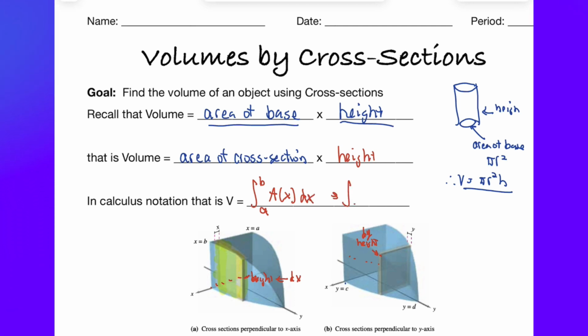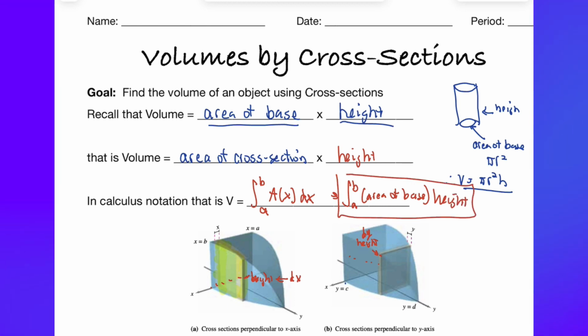So our formula for finding volume using cross sections is to integrate from a to b of the area of the base times the thickness of the cross section.